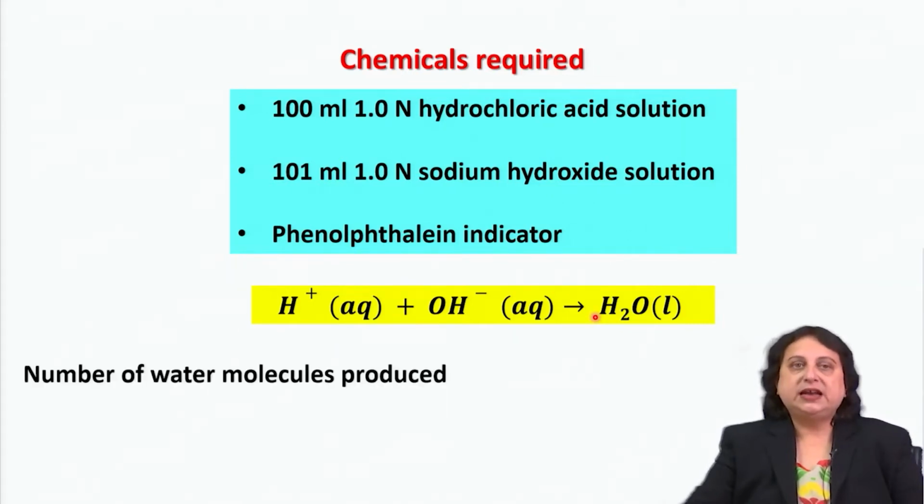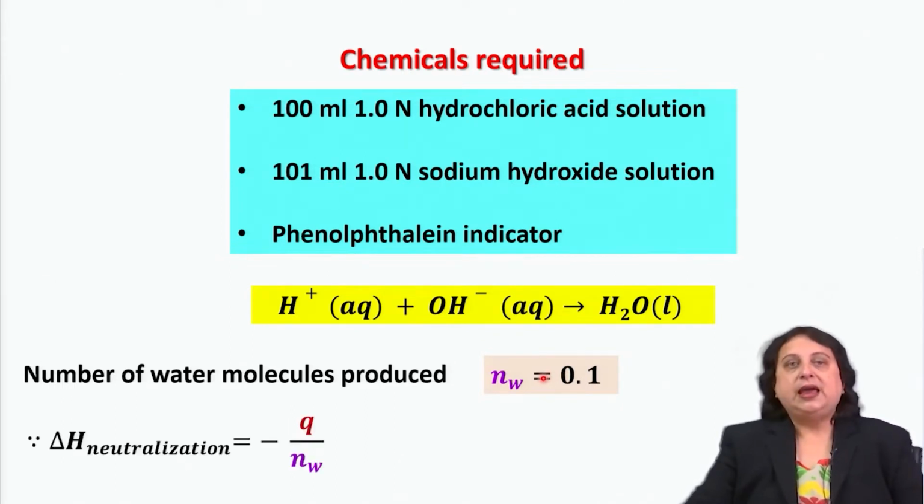Therefore, I understand that the number of moles of water produced, NW, is 0.1 mole. Now, going ahead, I know that ΔH neutralization is minus Q by NW. When I know that NW is 0.1 mole, I understand that in order to find out ΔH neutralization, I need to find out Q.